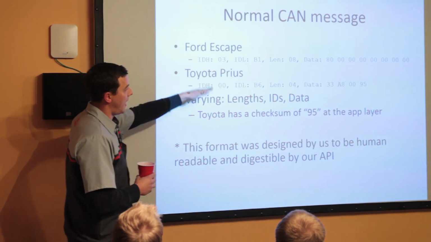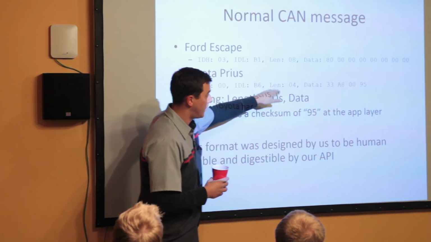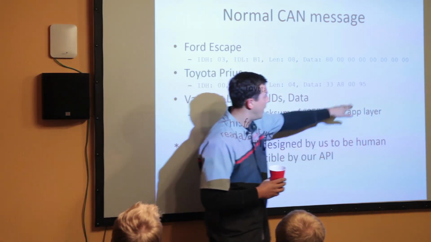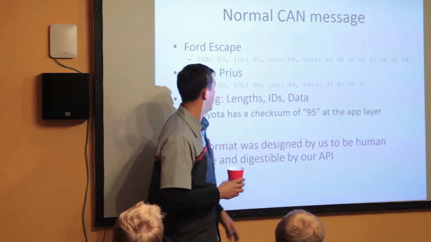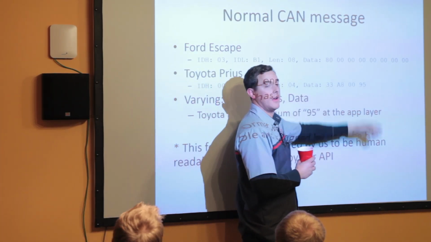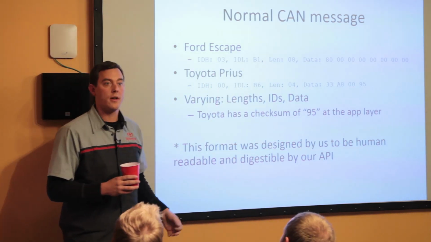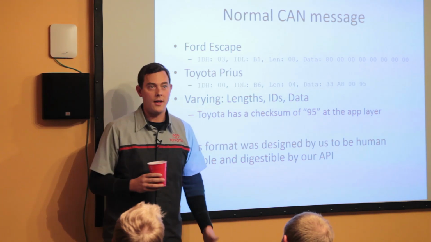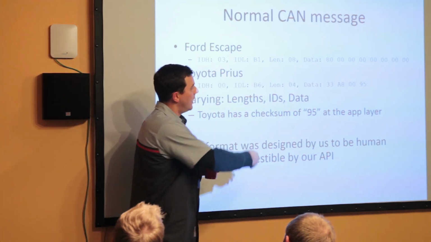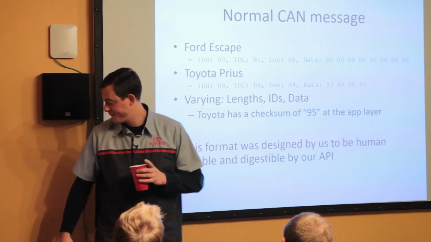Basically you have IDs, which we broke into two parts, ID high and ID low, then the length, and then the data. Toyota ended up having the last byte in the data usually be a checksum: this plus this plus this, cut off at byte alignment. So the messages would not work unless you set the checksum. I think we all know you can just set the checksum. It's pretty easy. So this is a format we invented. If you ever look at the code or the tools, anything we use, this is our format.